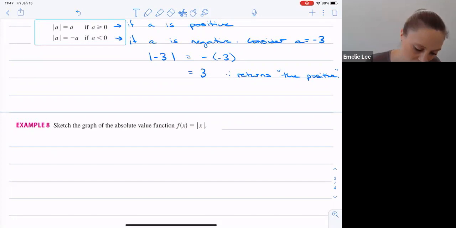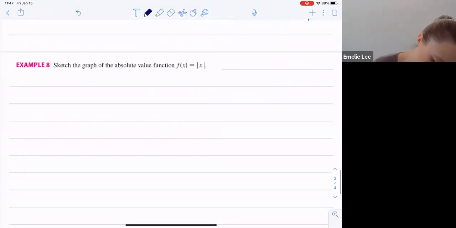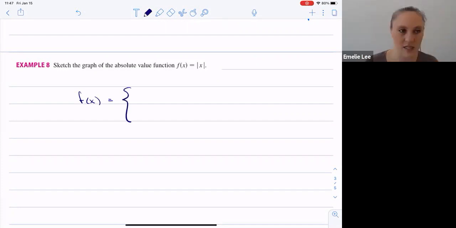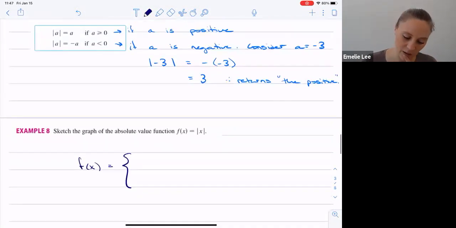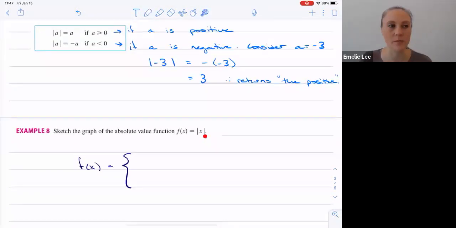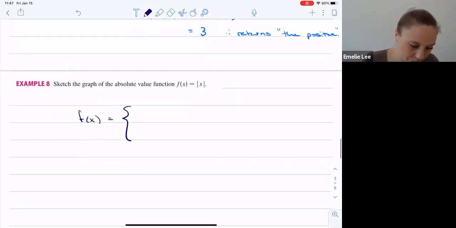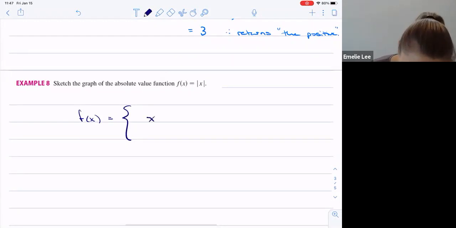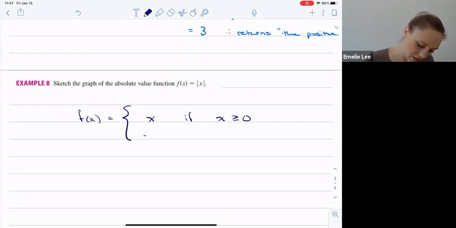But let's see. So the absolute value function f of x is the absolute value of x. Combining f of x equals the absolute value of x and what we just defined up here in terms of x instead of a, that's okay, it doesn't matter, right? It's going to be x if x is greater than or equal to 0, and it's going to be negative x if x is less than 0.